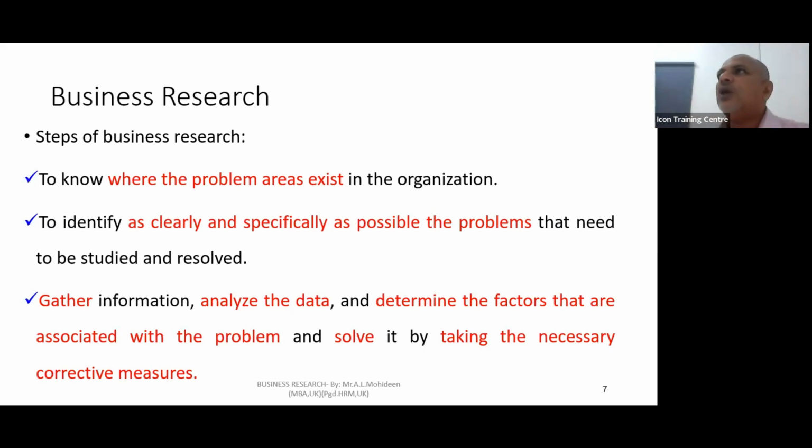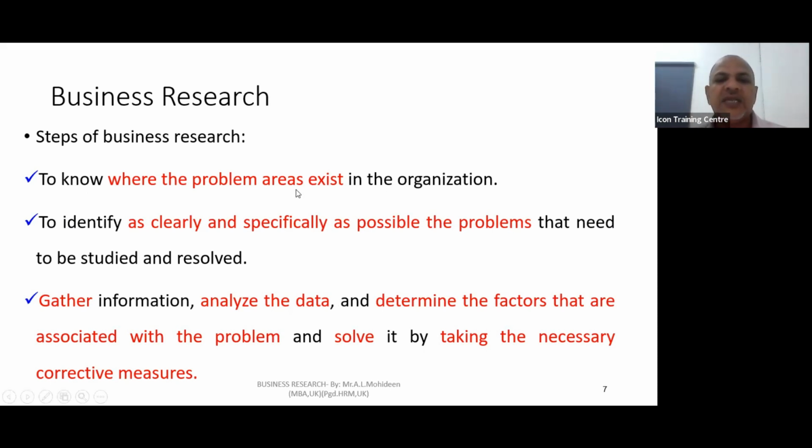Study means here you have to go into detail, explore, do a detailed review, find some information regarding that, gather information, and analyze the data. These are the things you are going to do.